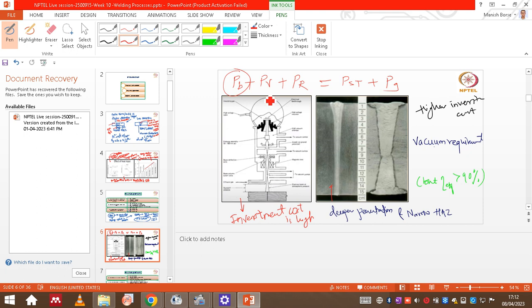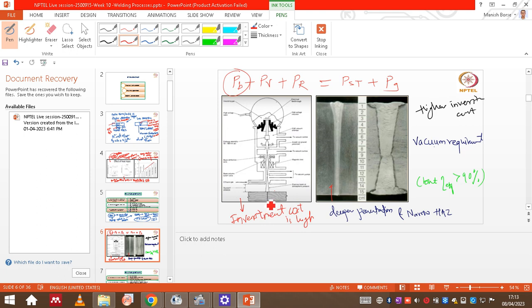So that's why the beam density in that particular location is very high, and we can say beam pressure is high. Also, the interfaces which are subjected to the heat immediately come into a molten state and form metal vapors. When those vapors try to escape, the recoil pressure of that vapor also aids the keyhole formation. Okay.